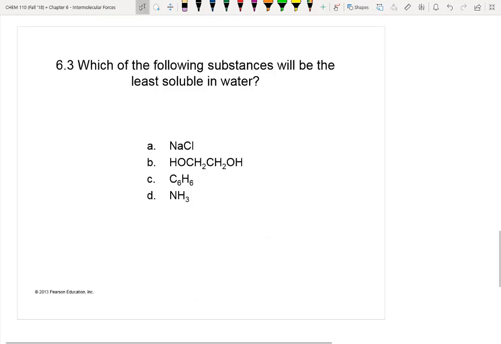All right, which of the following substances will be the least soluble in water? This one's a bit harder. So I'll give you a minute to think about it and then check with your neighbor. So meaning which one won't mix well in water? I will give you a hint.